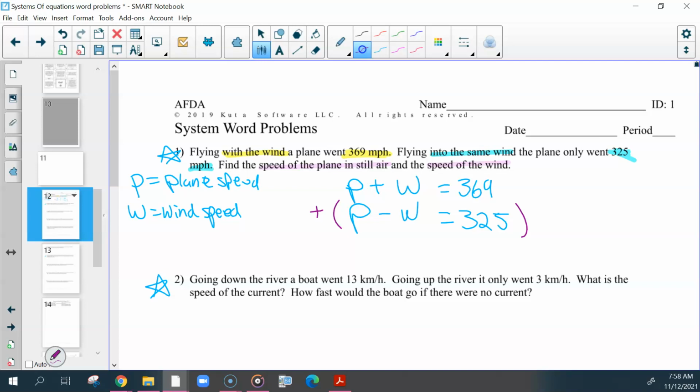So P plus P would give me 2P. The W's would cancel. Someone tell me what 369 plus 325 is. 694.